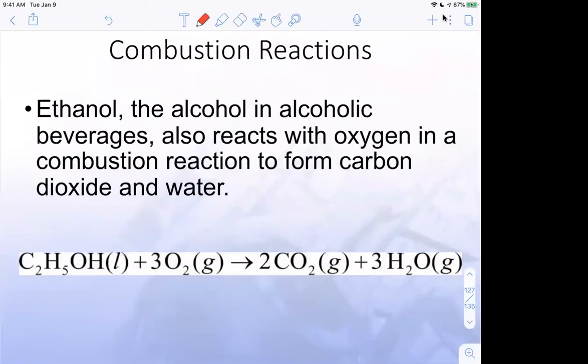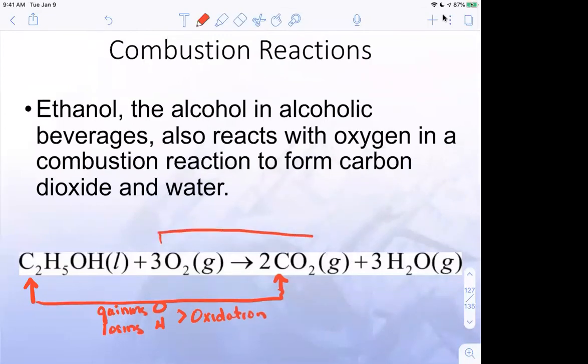So let's look at this. Ethanol is the alcohol in alcoholic beverages. Notice that I'm going to use this alternative definition. My carbon is going to be gaining oxygen and losing hydrogen, which is going to be oxidation. And then my O2 is going to be gaining hydrogen, which is reduction.